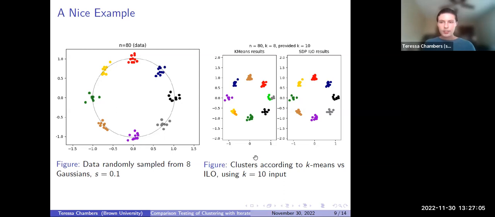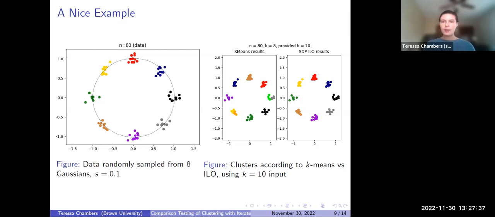But the benefit of using this iterated linear optimization and this K-way elliptope semi-definite programming structure is that, in fact, when you provide a k value that is higher than your true number of clusters, the correct partition, so to speak, will still be somewhere in your resulting solution space.